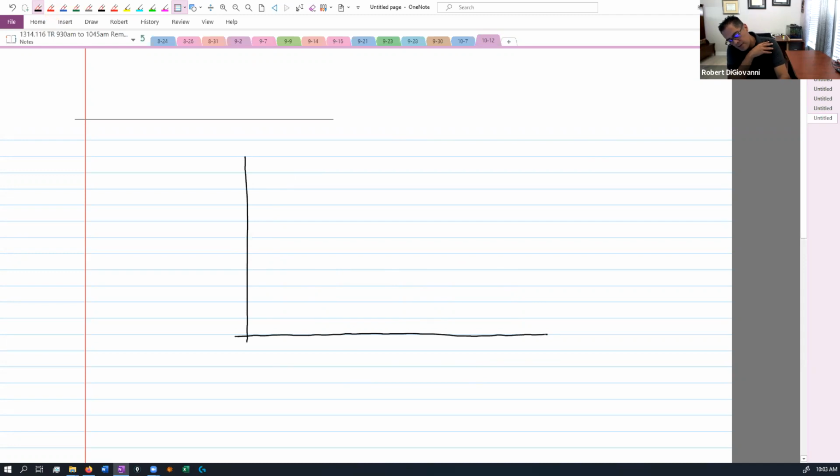I want this x-axis to represent time in years. And then this axis is going to represent the probability that this person is alive.